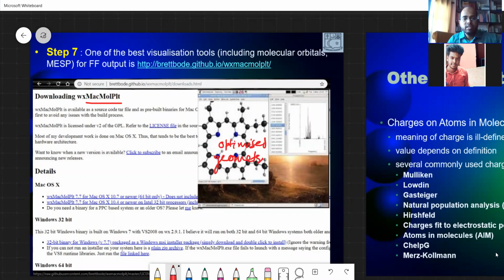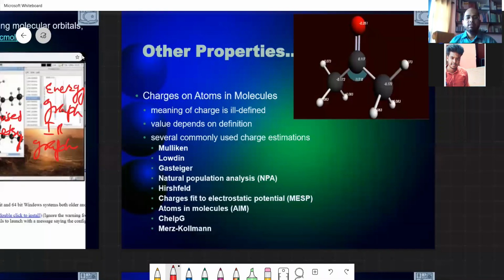And here you can see the energies, the energy graph, the IR graph. Okay, so these are the 7 steps you can go over and calculate the properties.